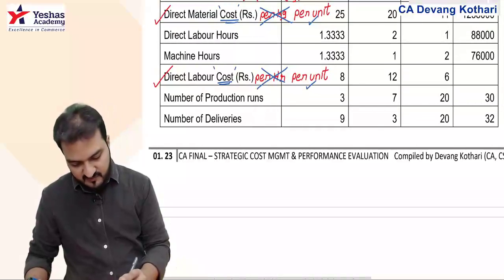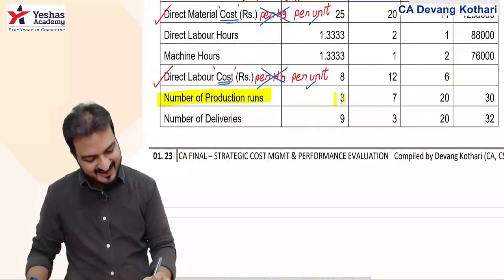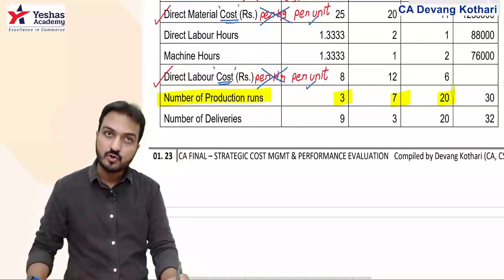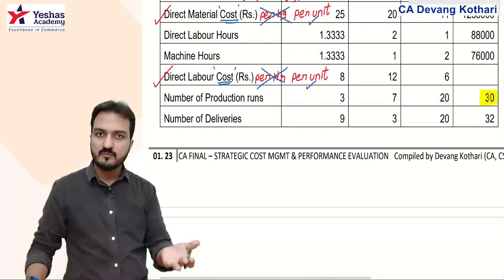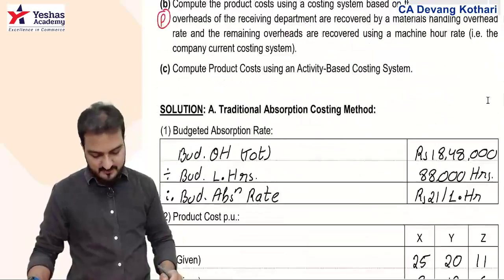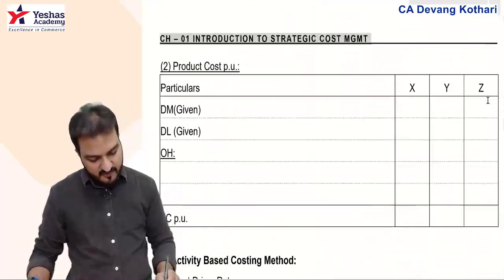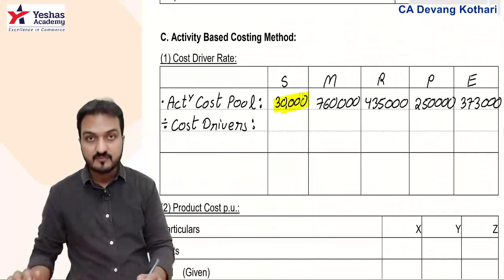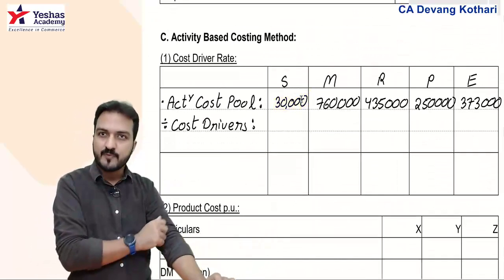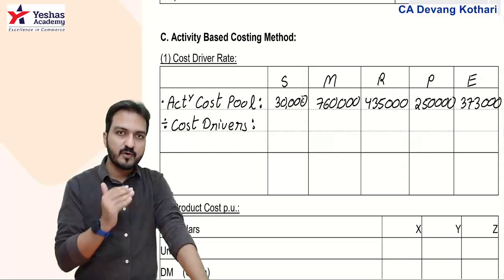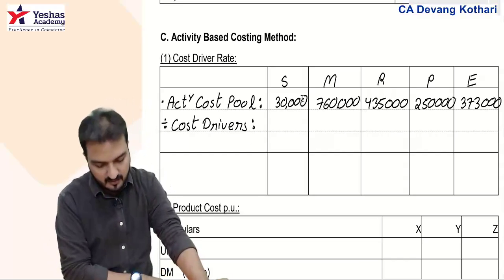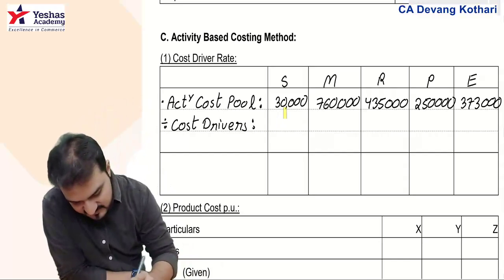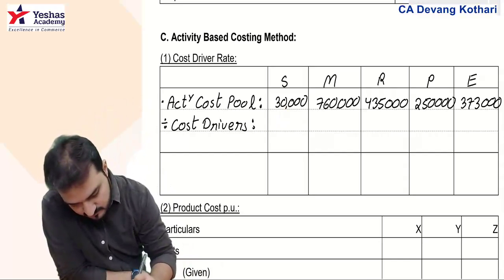You are given on the previous page number of production runs as 3, 7 and 20. Total is 30. Which one will you divide? Product wise or total? Naturally total, because the setup cost that I have written here, 30,000, that pertains to entire company. So the number of production runs that I divide here will also be the total production runs of entire company. That is 30 runs, total 30 production runs.